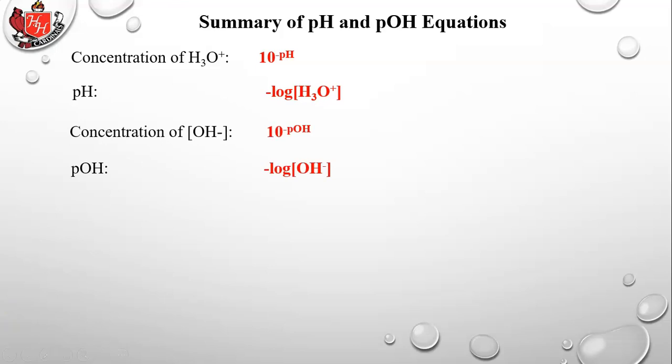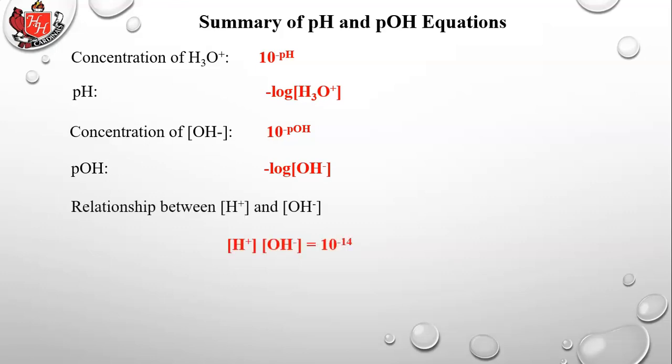For concentration of hydroxide, it's 10 to the minus pOH, and the pOH is negative log of the hydroxide ion concentration. The relationship between hydronium and hydroxide is that hydronium concentration times hydroxide concentration always equals 10 to the minus 14th at 25 degrees. And the relationship between pH and pOH is pH plus pOH equals 14.